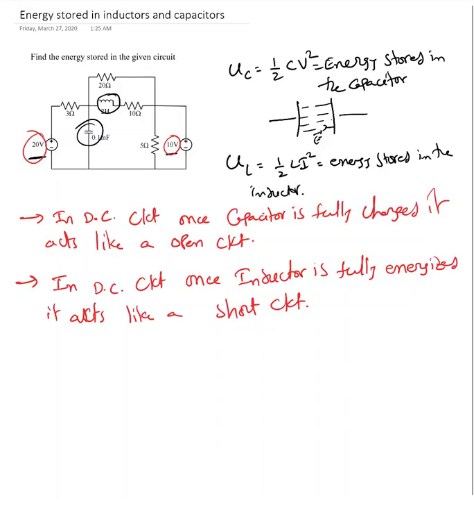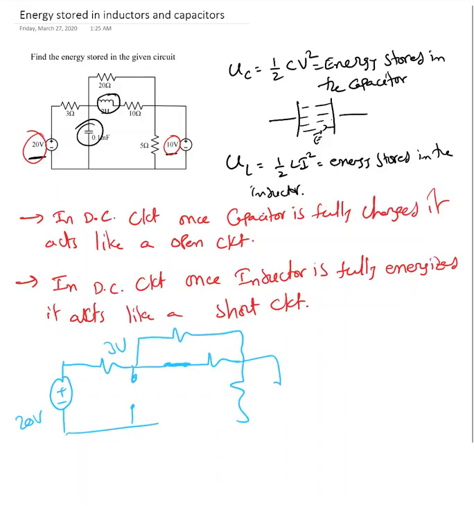I'm going to redraw the circuit diagram with these parameters. Here is my circuit: 20 volt, 3 ohm, the inductor acting like a short circuit. Here is my final circuit: 5 ohm, 10 ohm, 20 ohm.